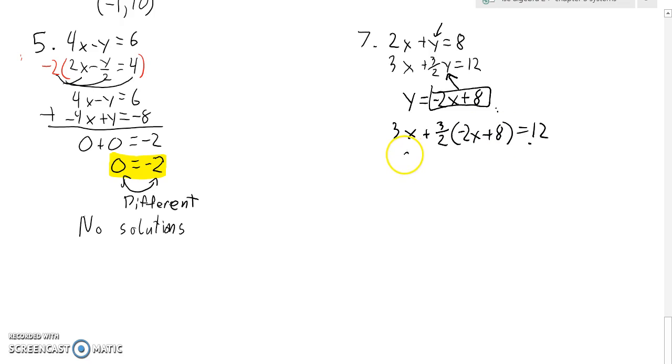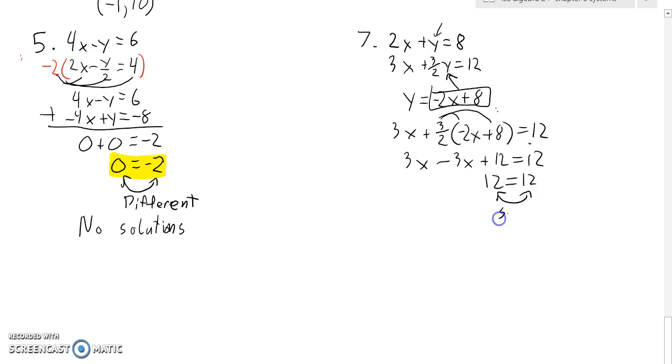So I have one equation in one variable now. I have 3x minus 3x plus 12 equals 12. 3x and -3x is 0, so we have 12 equals 12.